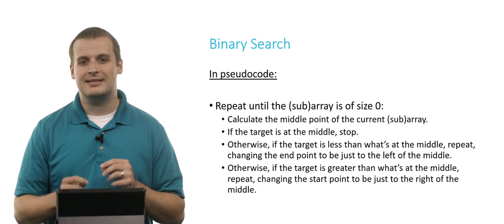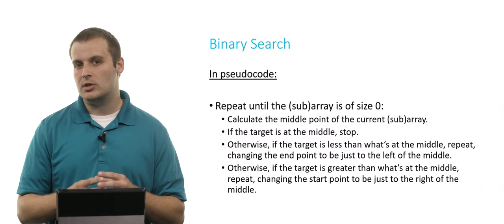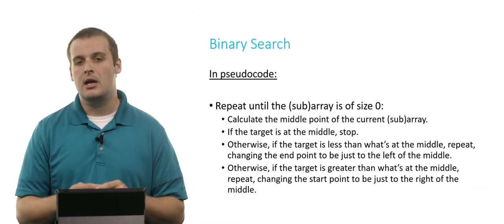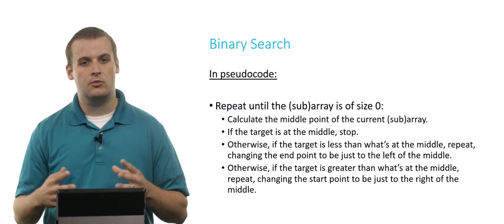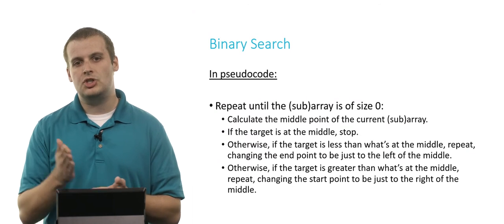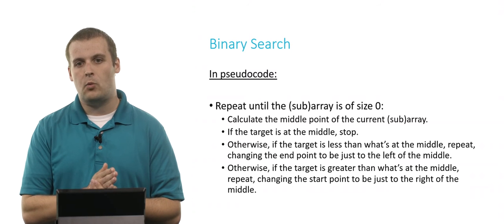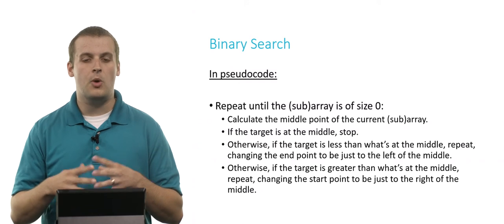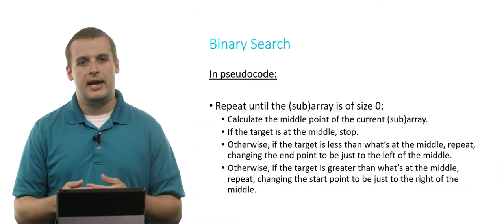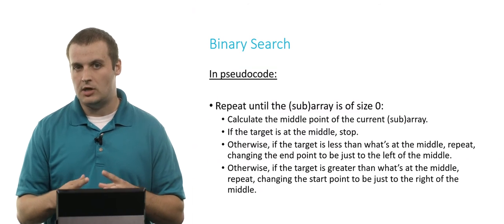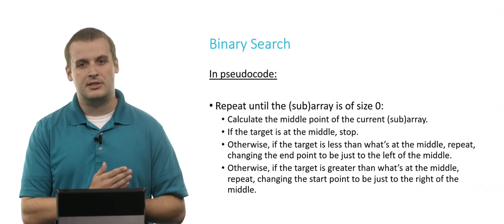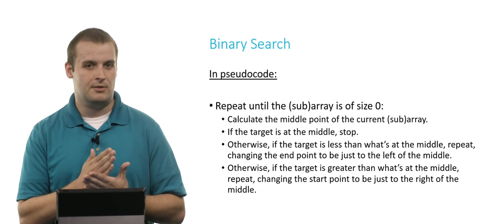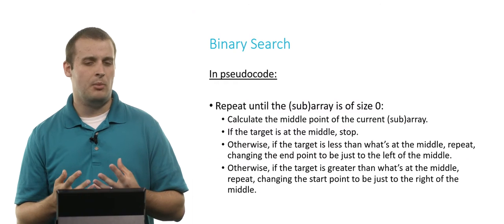Otherwise, if the target is less than what's at the middle, repeat this process again, but change the endpoint, instead of being the original complete full array, to be just to the left of where we just looked. We knew that the target was less than the middle, and so it must exist, if it exists at all in the array, somewhere to the left of the midpoint. And so we'll set the array location just to the left of the midpoint as the new endpoint.